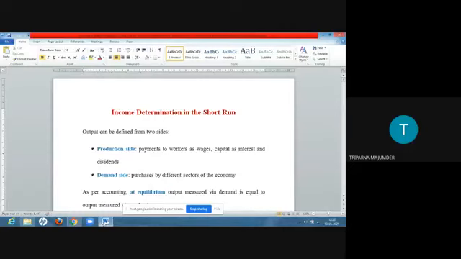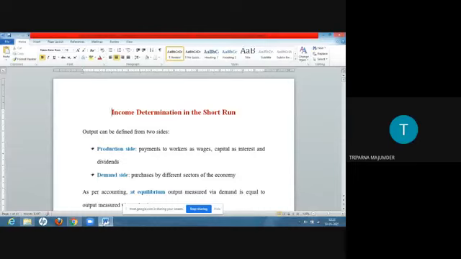The main references are Dornbusch and Fischer and Startz, the book Macroeconomics, and I have taken some parts from Branson, Macroeconomic Theory and Policy. So these are the main two references I have used.